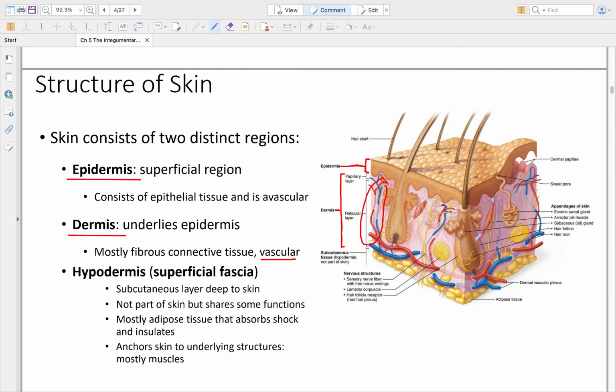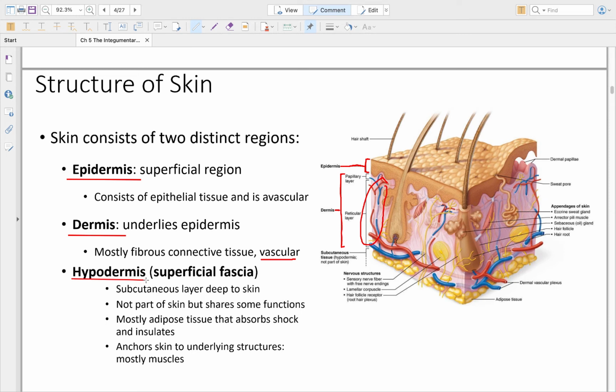Great. Right underneath the dermis is technically this subcutaneous layer of tissue called the hypodermis. When we say that the skin is made of two regions, it is, but there is a third region really called the hypodermis.